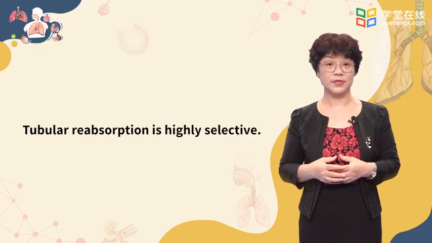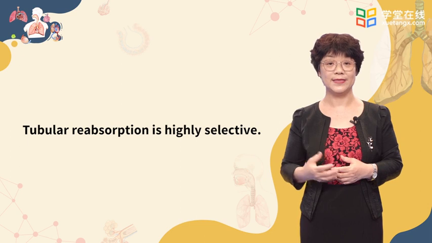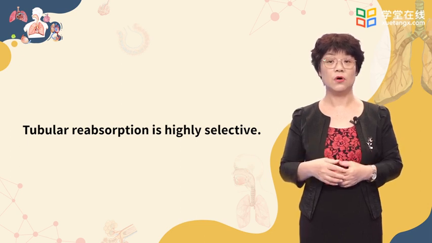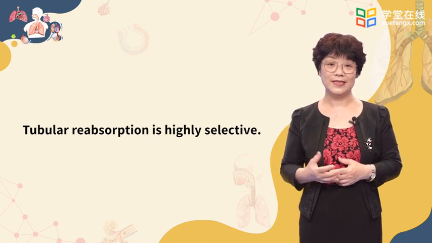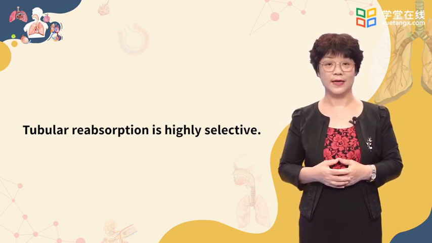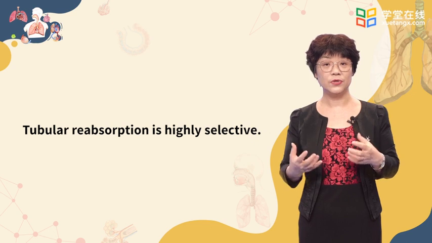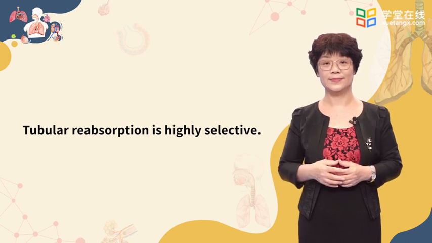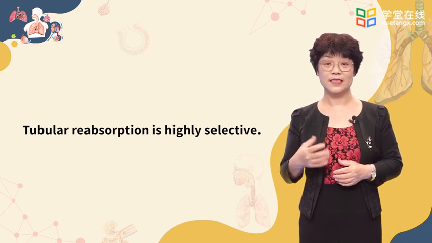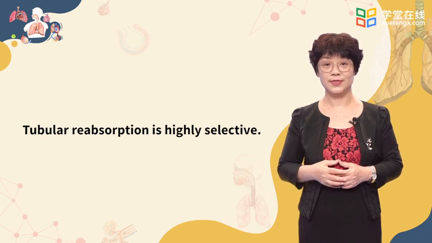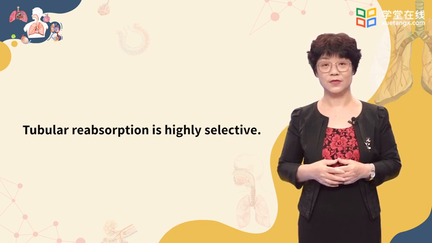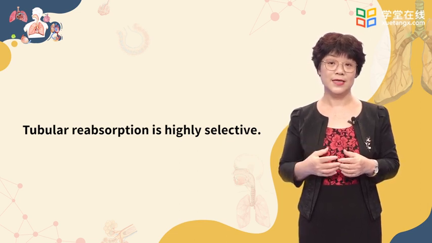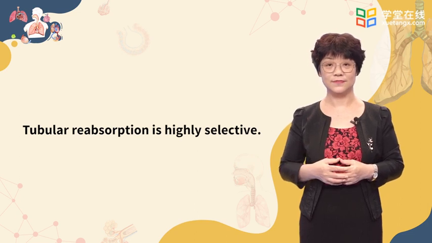Most reabsorption and secretion take place in proximal convoluted tubules because the tubular epithelial microvilli offer greatly increased surface area. The distal convoluted tubules and the collecting ducts are important for water reabsorption. Tubular reabsorption is highly selective.